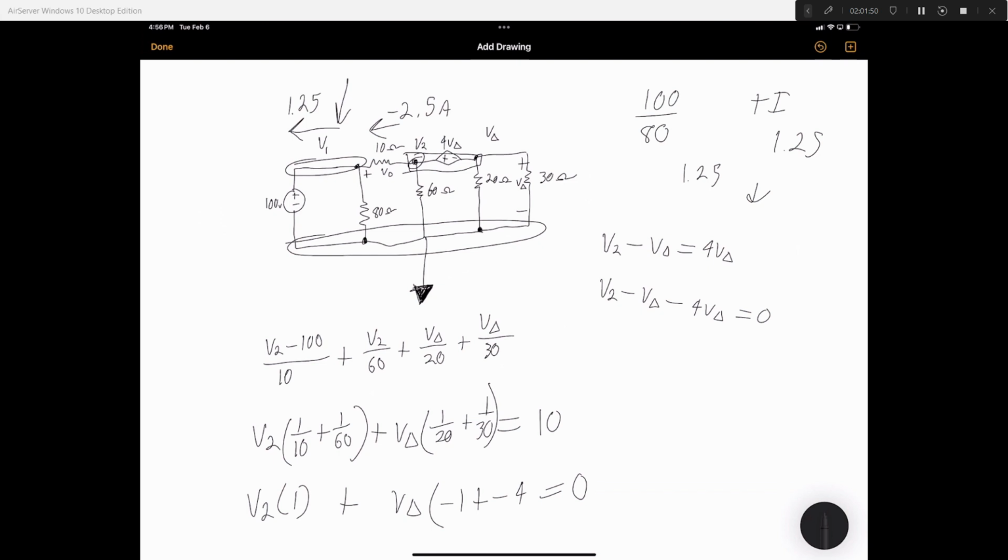Okay. Power supply. The current going out is 2.5, so it would be double this.